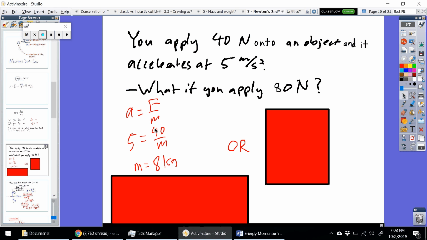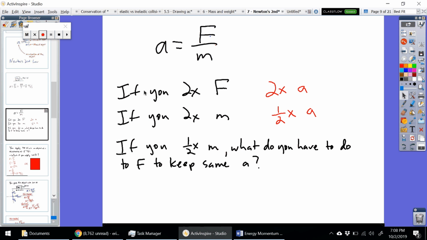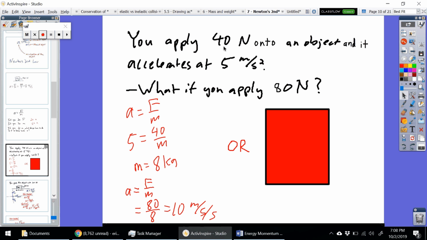Then you could do all those same steps again, but this time with that same mass, use a new force. Same mass, new force, and you get the new acceleration. Now, the advantage of actually understanding how to read the equation, the quicker way to do it, would be to see that the force doubled.